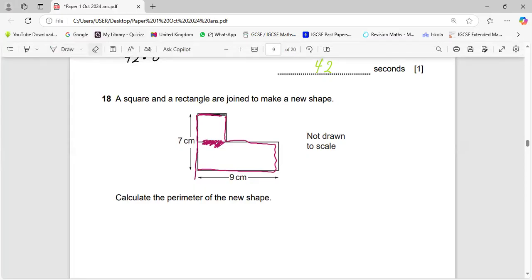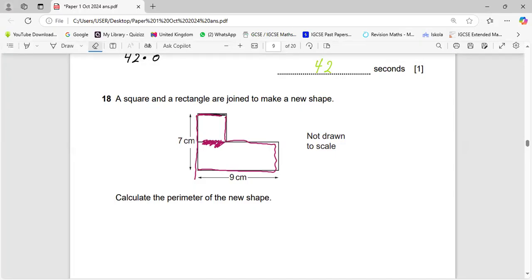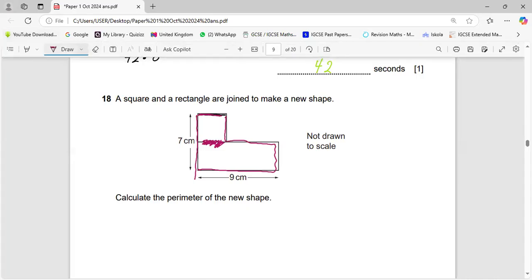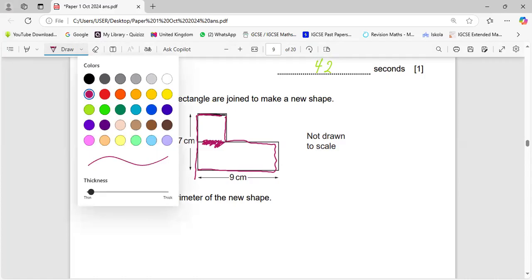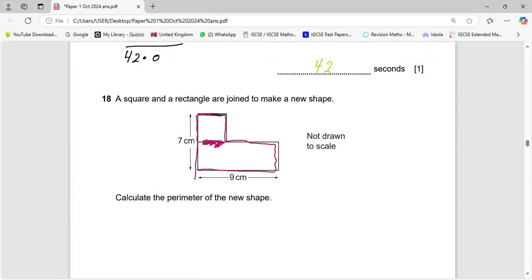We need to know how to get the perimeter. Here we have a little bit tricky. First of all, you know that here is just 7. You have only 7. Here is a 7, and here is a 9.